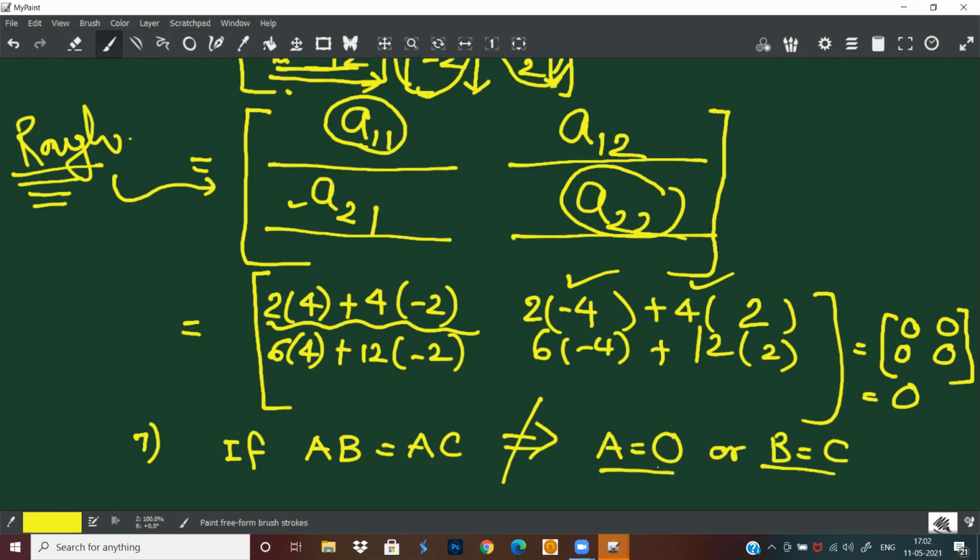When we do the sums now, automatically we are going to get all properties, and that time I will tell you that we are using this property. If AB is equal to AC, it doesn't mean that B is equal to C if A I cancel. ऐसा नहीं है. Okay.